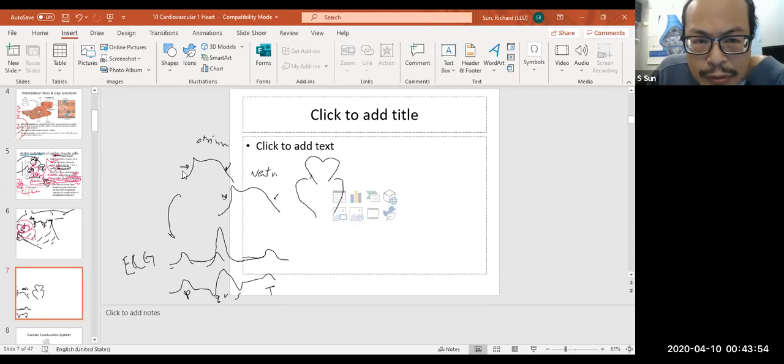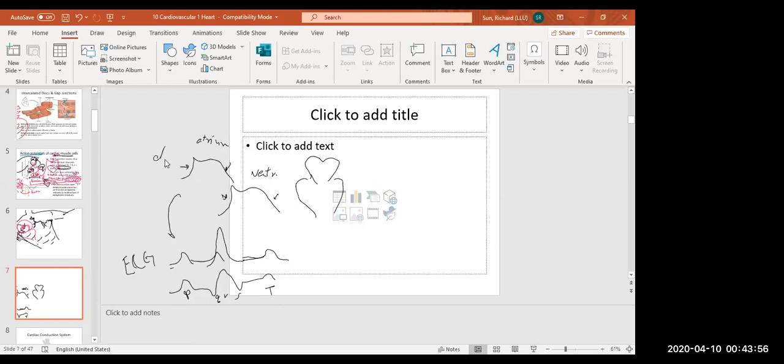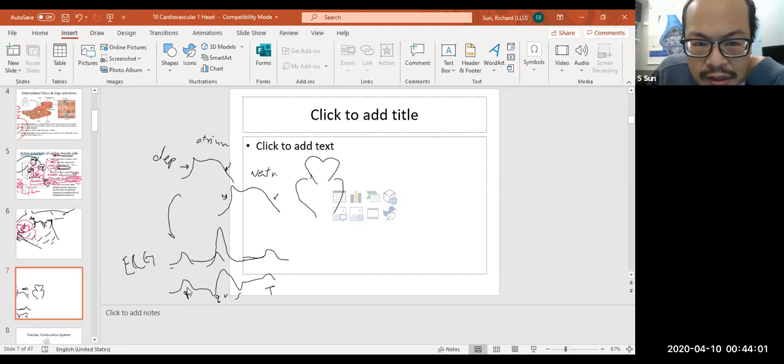The P represents the depolarization of the atrium. QRS represents the depolarization of the ventricle, because it's a combination of the depolarization of the ventricle plus the repolarization of the atrium.